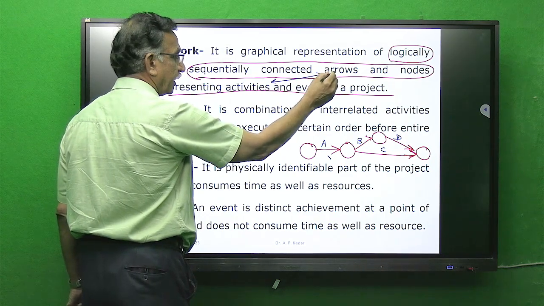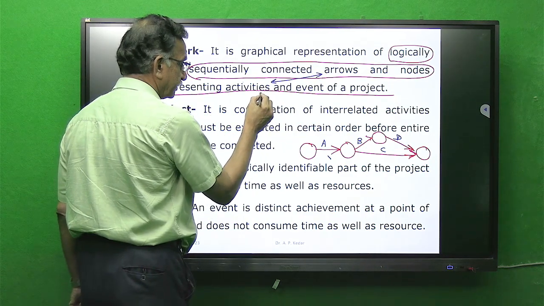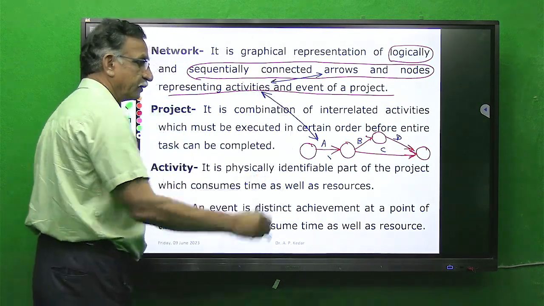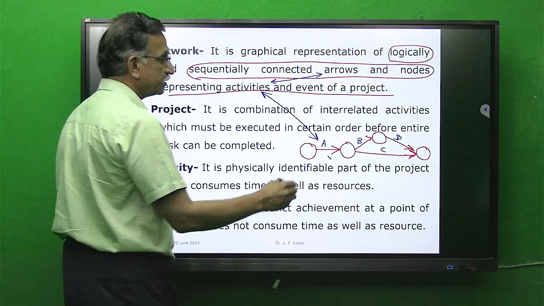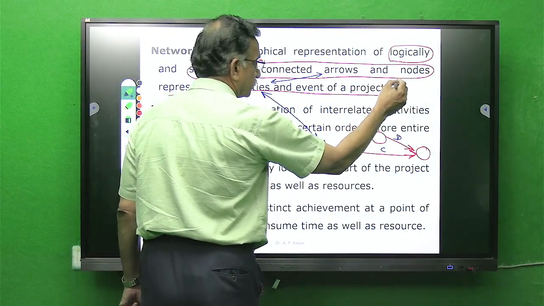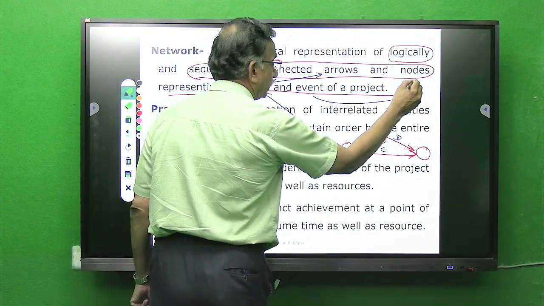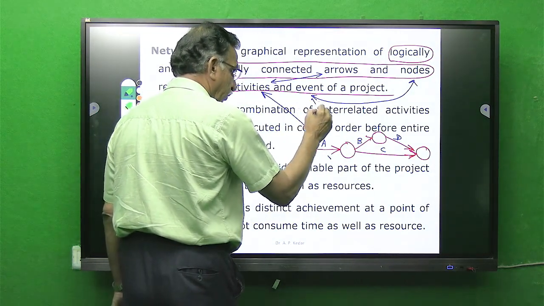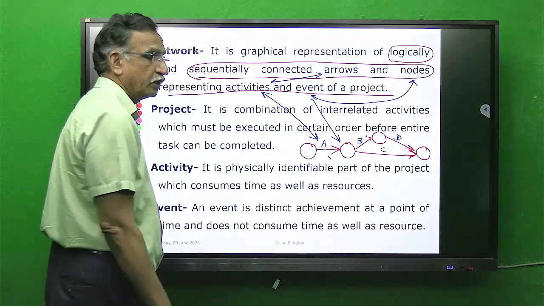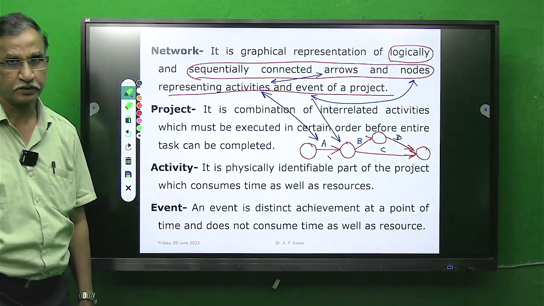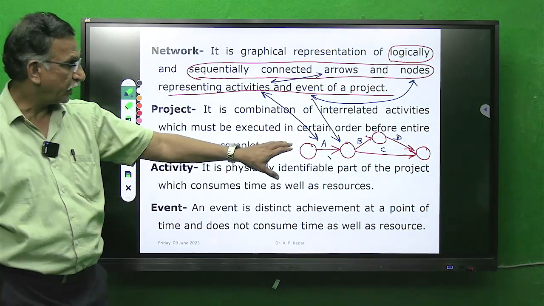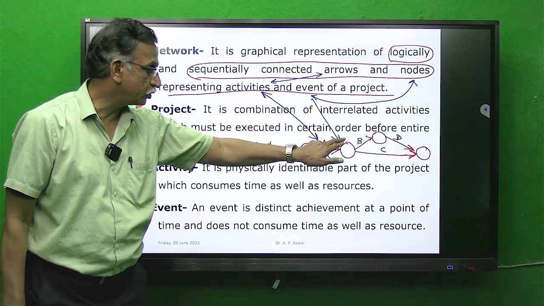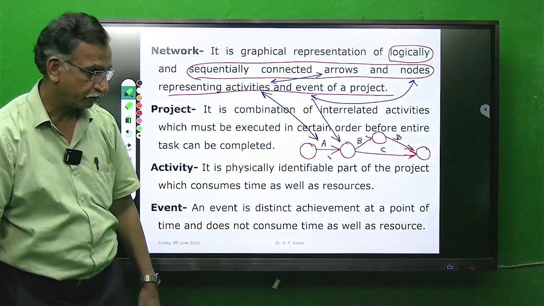Activities are represented by arrows, and nodes represent events; here, for your understanding, this circle is an event. So what I did is draw 1, 2, 3, 4 activities.